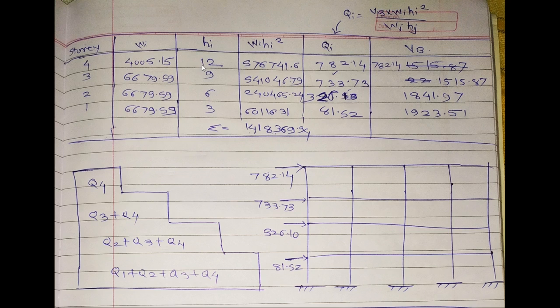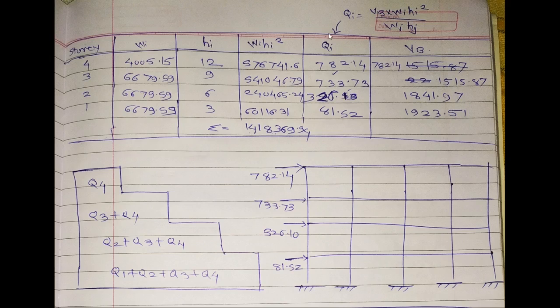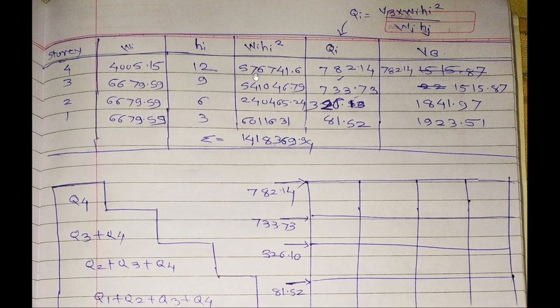Multiplication of these two into HI square will be calculated as WI HI square, and summation is to be taken out. QI will be calculated as VB into corresponding WI HI square divided by WJ HJ square, that means the sum. VB we have just calculated here. This value will be put here, and accordingly values are to be taken out.